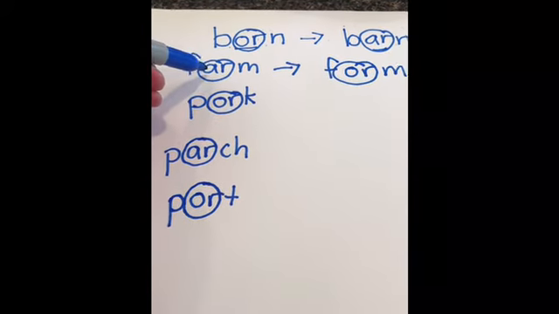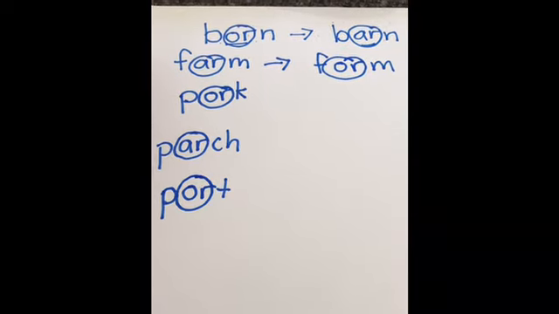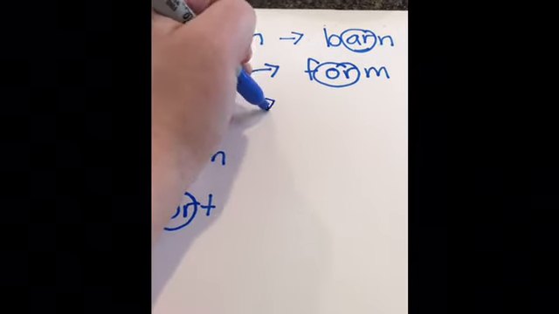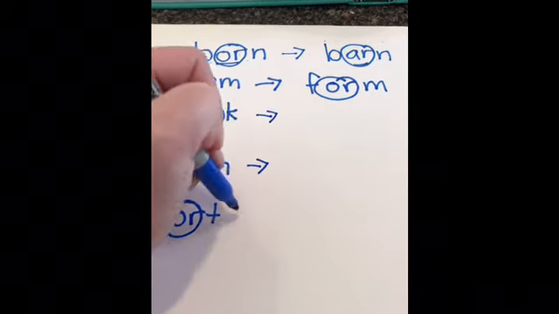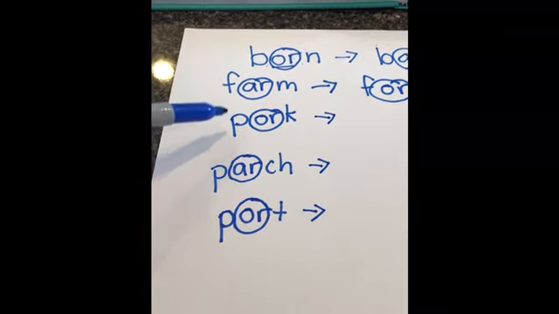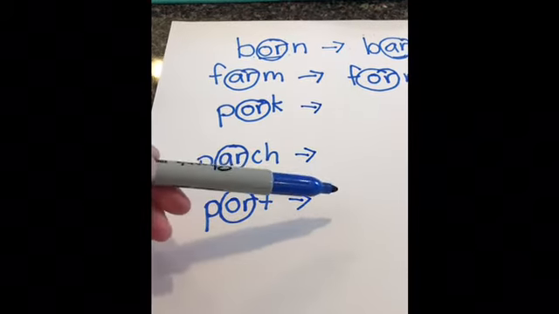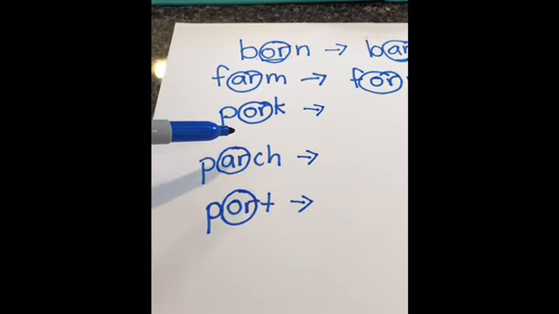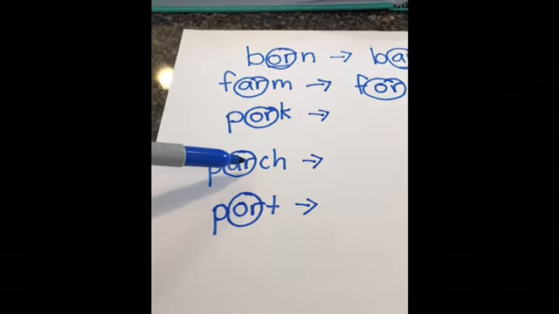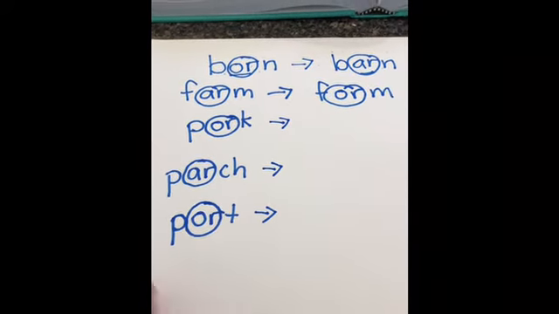I want you to turn the OR into the AR. And at the end of this video, I will show you the answers so that you can check your work. So again, on your own, turn pork, parch, and port into the other R-controlled syllable. Remember, if you have OR, turn it into AR. If you have AR, turn it into OR.